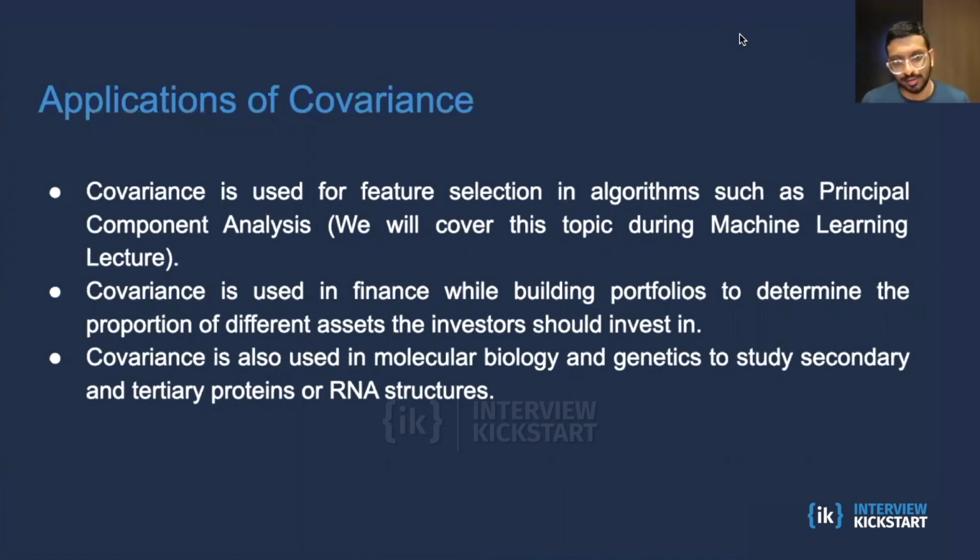So that's another area where we use covariance. And finally, it's also used in molecular biology and genetics, in order to study secondary and tertiary protein or RNA structures. This is not something that we have too many examples about, unfortunately, in this lecture, but it does seem very fascinating. All right, see you in the next video, and thank you.